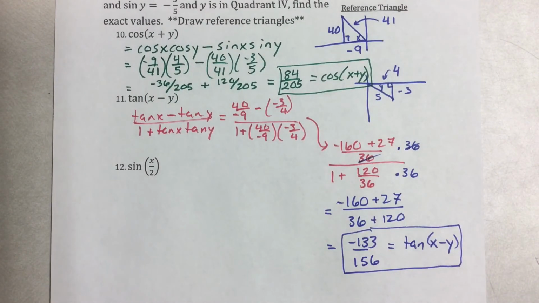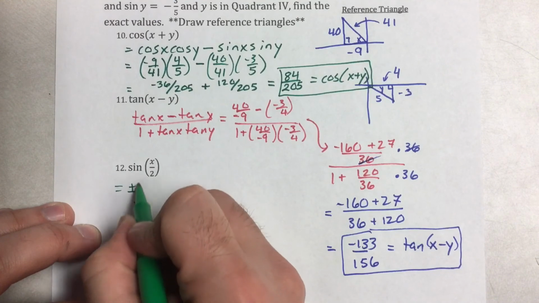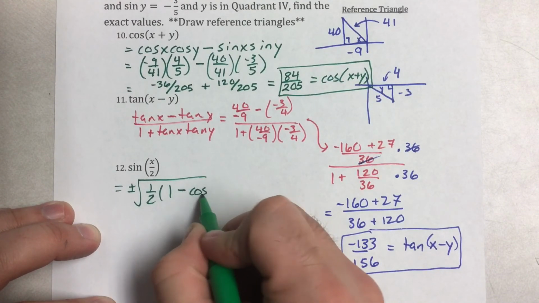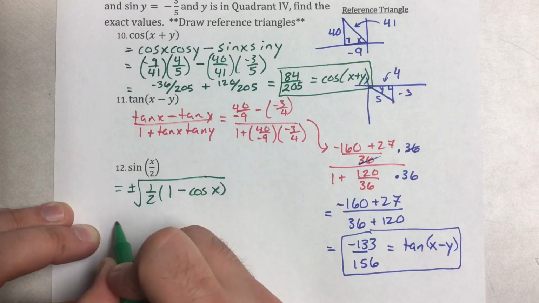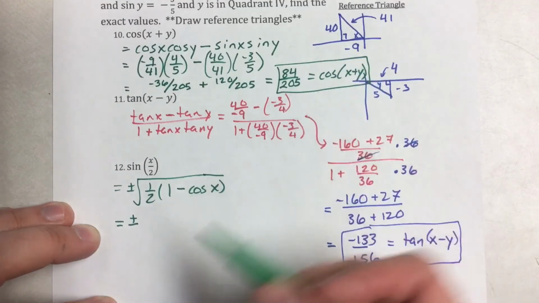So now our sine of the half angle, sine of x divided by 2. So we have plus or minus the square root of 1/2 of 1 minus cosine of x. Half angles and double angles are nice because we only have to use one triangle.